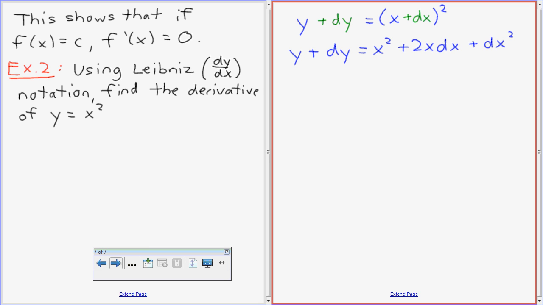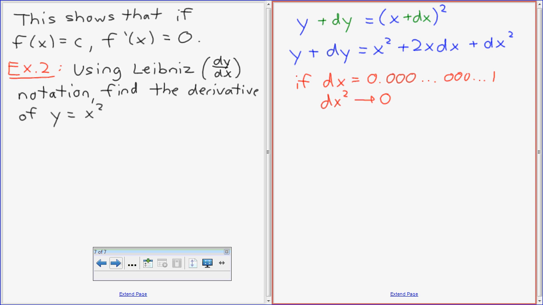The dx is kind of like a subscript then. No, because they're two different things. dx is like a different thing there. It's a subscript. Yeah, think of it like that.